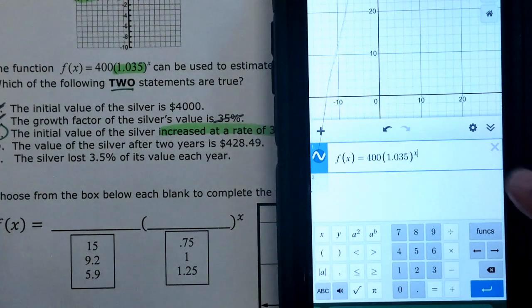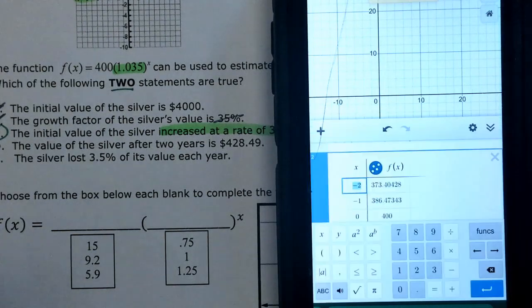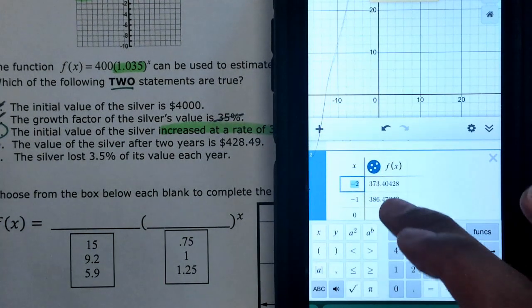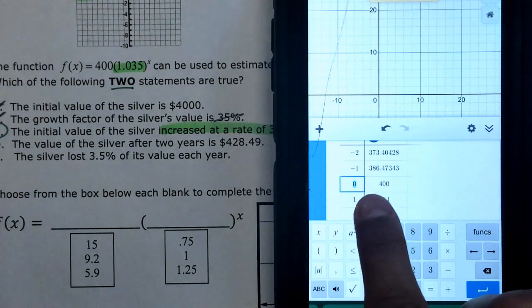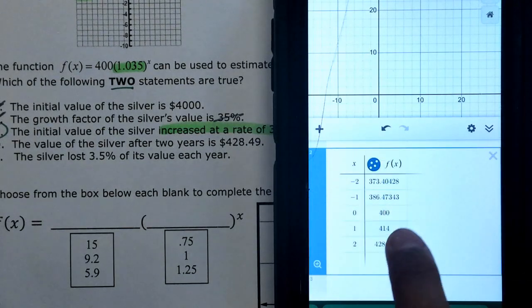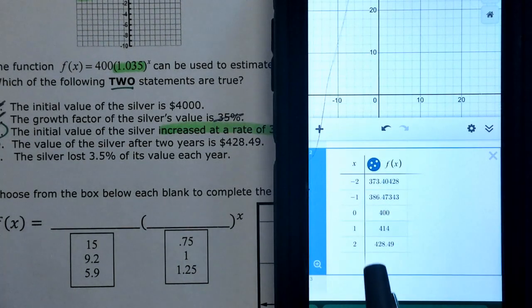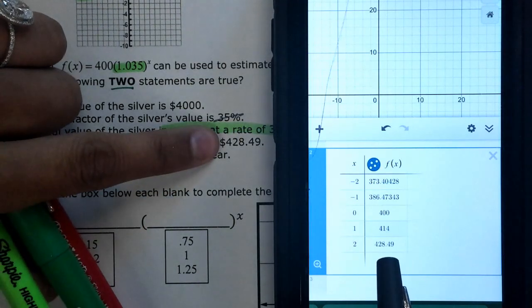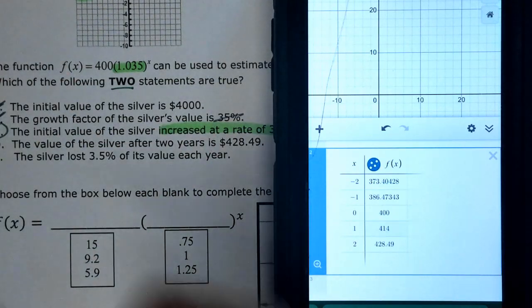You can make it into a table, so cogwheel table, and we're looking for after 2 years. This is 0 years, the start. This is 1 year, and here this is 2 years. At 2 years, it equals 428.49 cents. So D is also the correct answer, the second correct answer.